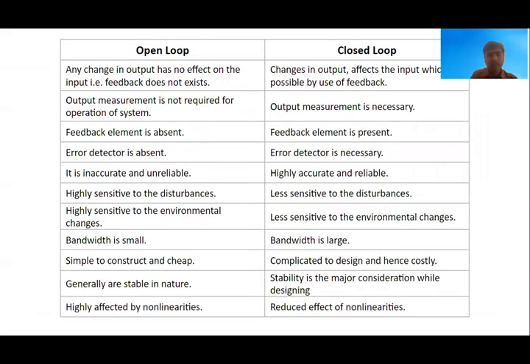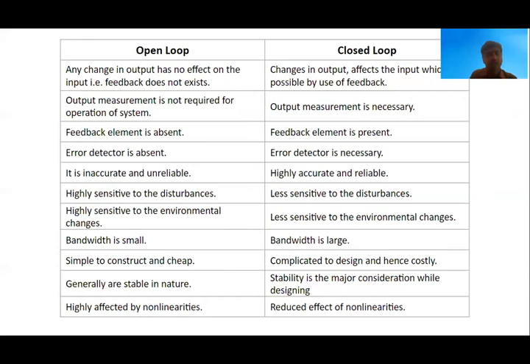Now we'll compare the open loop and closed loop control systems. In the open loop control system, the feedback is not adjusted, and in the closed loop system, feedback is adjusted. Therefore, the changes in the output reflect at the input in the closed loop system.